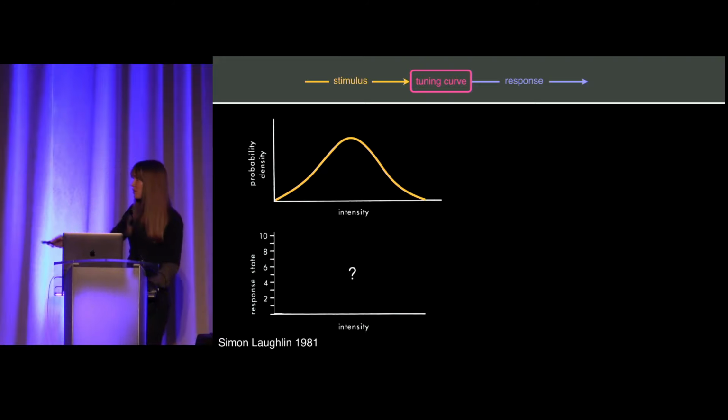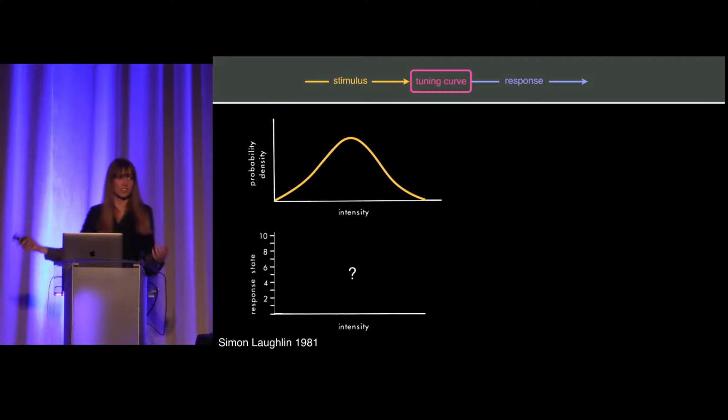The way he formulated this problem is to think of this neuron as having a finite number of what he called response states. And so he wanted to ask how these response states should be allocated to this distribution. He derived the tuning curve that would guarantee that each of these response states would be used with equal frequency. And that tuning curve looks like this.